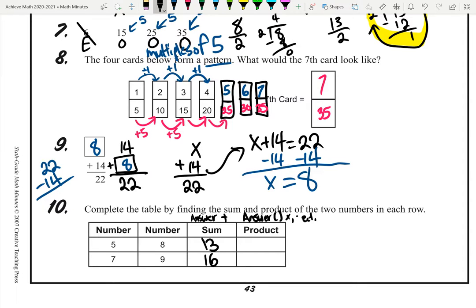The products, I could look at the list of 5. What is the 8th term? Or if I want to look at 8s, what is the 5th term? When I'm doing 7, I'm going to ask myself, what is the 9th term? And when I look at 9, what is the 7th term?